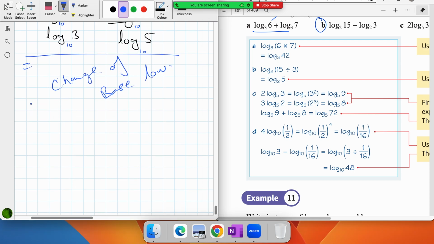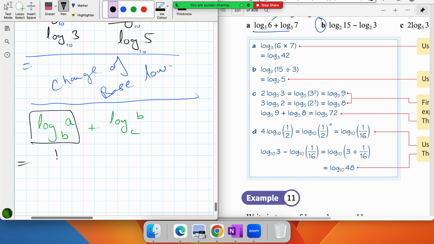One small example to avoid any confusion. For example, you have log of a to base b, but on the other side you have log of b to base c. So if I take reciprocal of this first thing, this will become 1 over log of b to base a.